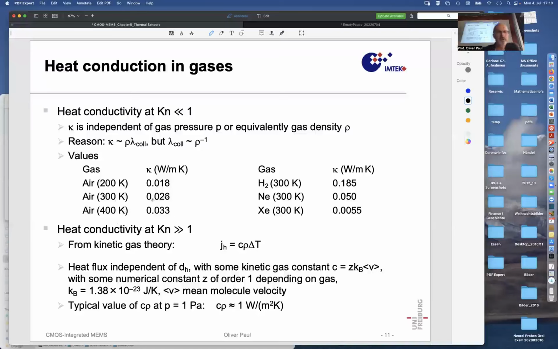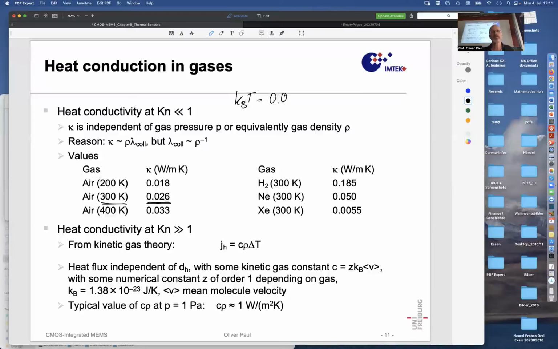So here are some numbers. Thermal conductivity of air at 300 Kelvin is 0.026 watt per meter per Kelvin. Well, that's a number that I remember easily, because 0.026 I also encounter in semiconductor physics or other thermal physics, kBT.